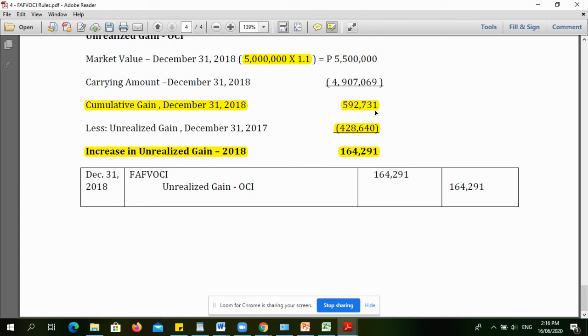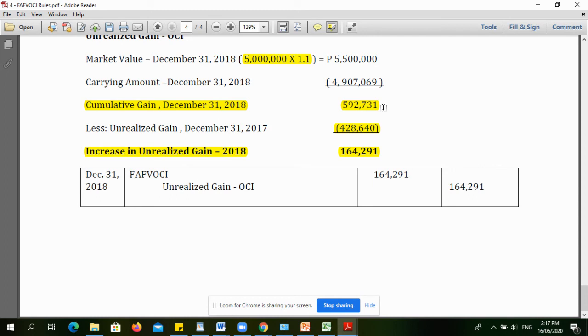The answer is this. Remember, when the question is how much gain is to be recognized in the balance sheet, we're talking about the cumulative gain, which is 592,731. Cumulative means total gains, taking into account the unrealized gain for 2017 and 2018.